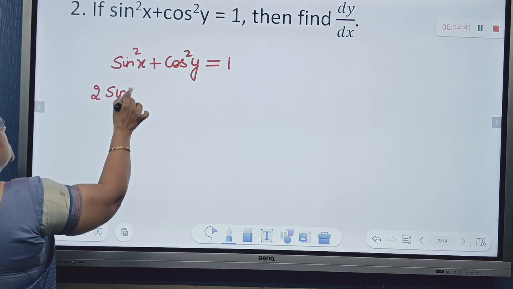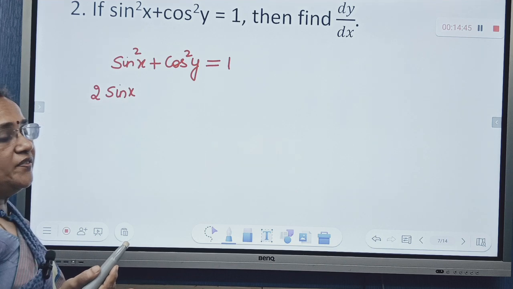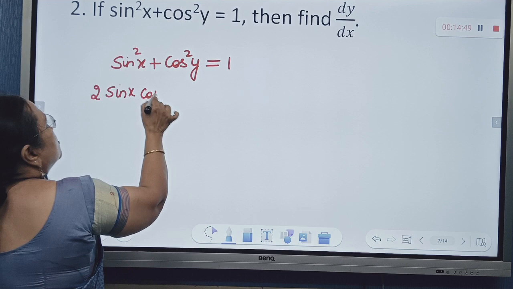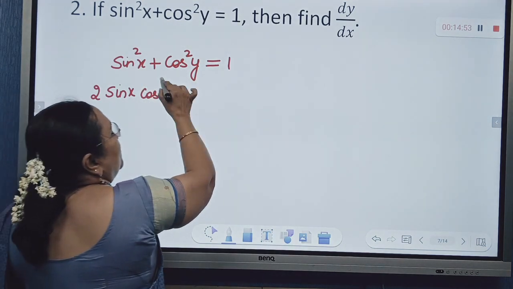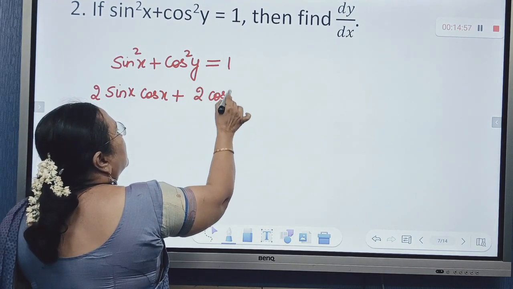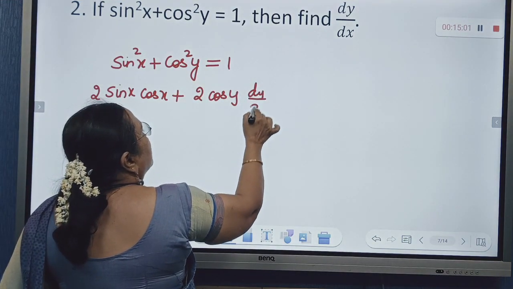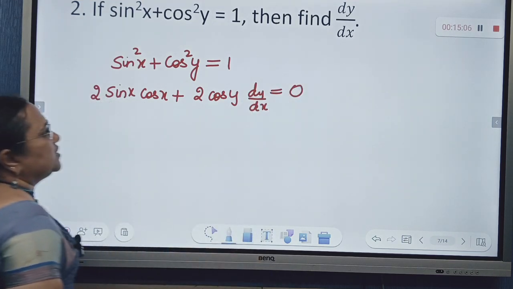Sin x the whole square, if I differentiate, I get 2 sin x into derivative of sin x, which is cos x, plus, again this is of the form x square, so the derivative is 2 cos y into derivative of y, which is dy by dx, equal to, the derivative of 1 is 0.